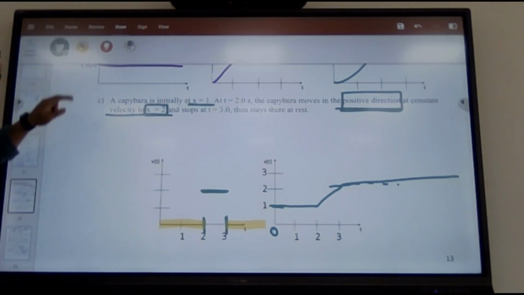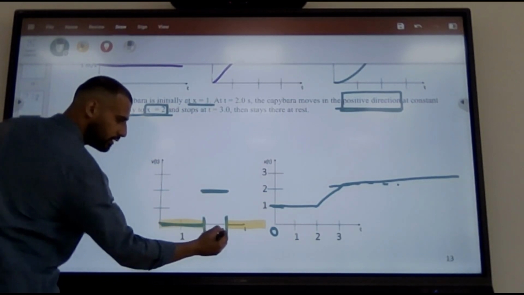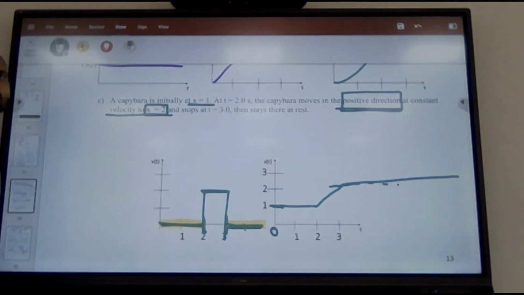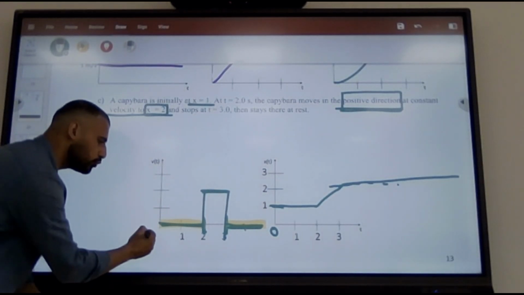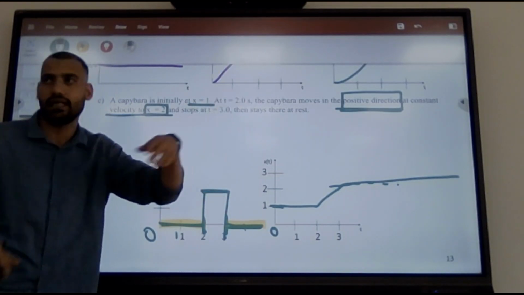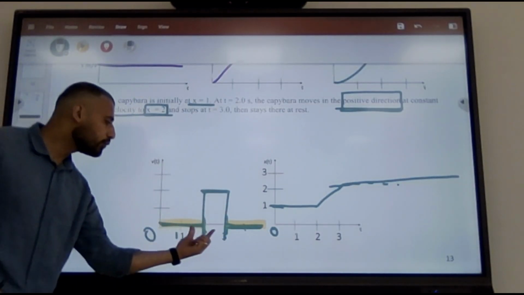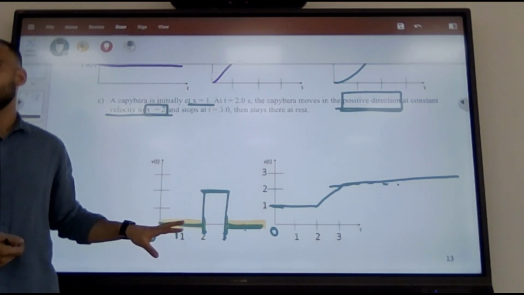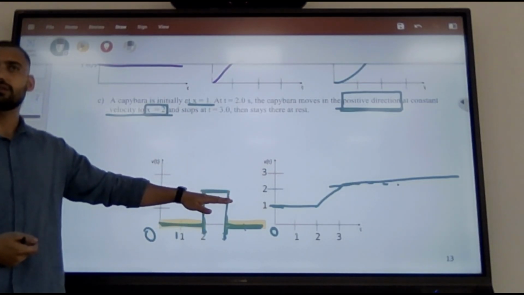Is it clear? There is no velocity. So the graph you can plot like this. From 0 to 2 seconds, there is no velocity. From 3 to infinite time, there is no velocity. But from 2 to 3, constant velocity. See, everything is much easier to read from the graph.